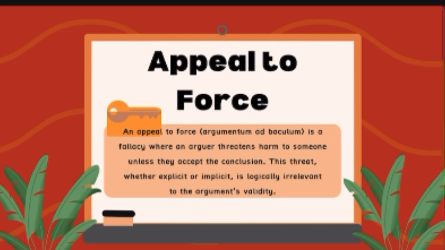So whether or not the argument is logical, if the force or the appeal is stated explicitly or implicitly, it is invalid and does not provide genuine evidence for the conclusion.